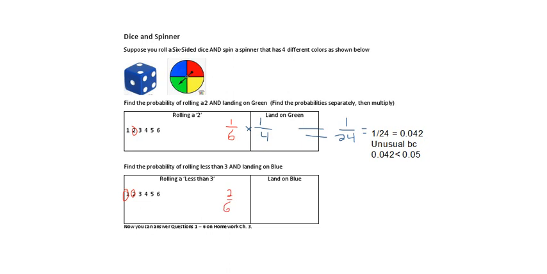Now landing on blue is the same thing, 1 out of 4. And once again, we'll multiply across. So this time we get 2 out of 24. And if you divide 2 divide 24, you're going to get 0.083.